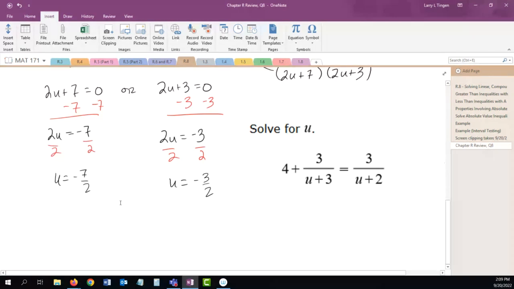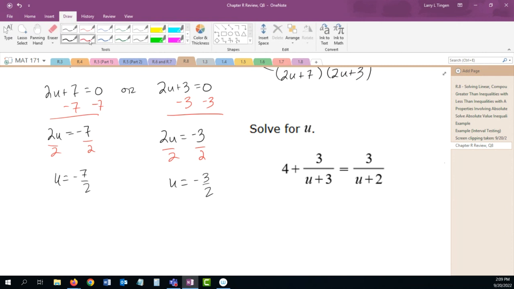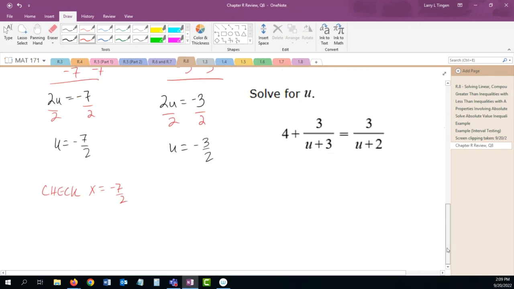And then we're going to check. So I check -7/2, and I check -3/2. Now, this is going to be the first time you ever see me do this.